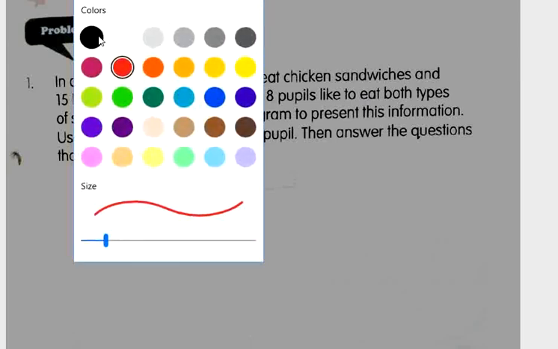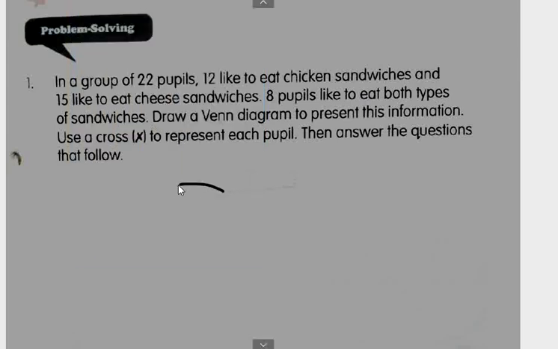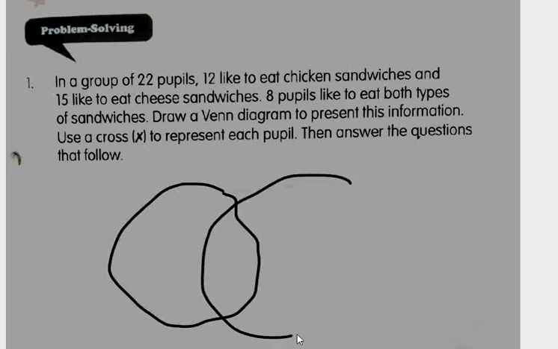Alright, so let's draw the circle first. So this is chicken. This is cheese.